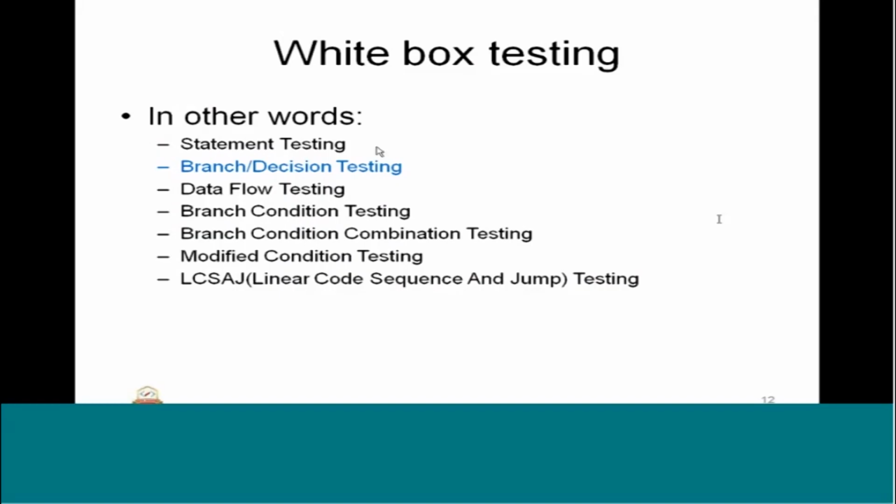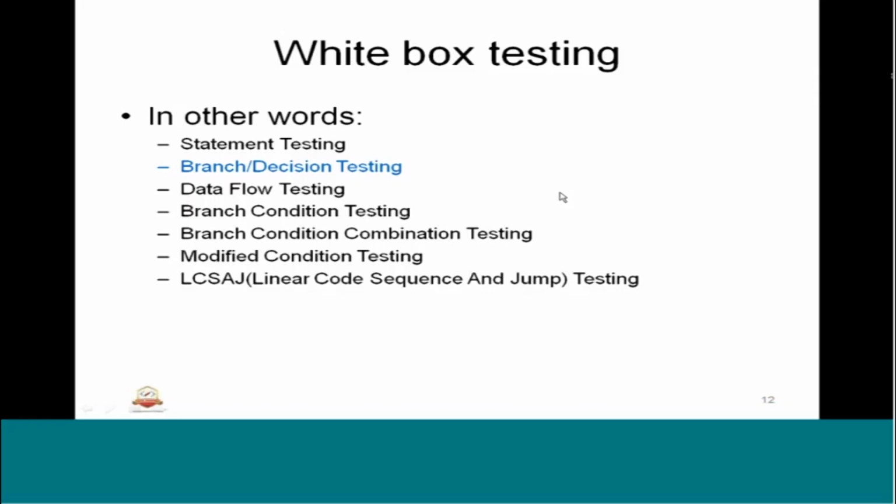Next type of white box testing is branch testing, or decision coverage, or decision testing, as it is called. So how are we going to do it? Let us see. Okay.